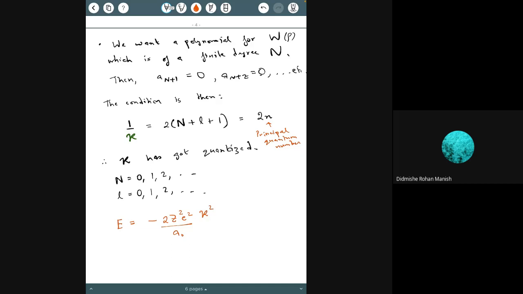And now that we know the allowed values of kappa, kappa is then equal to 1 by 2n. So kappa squared is 1 by 4n squared.